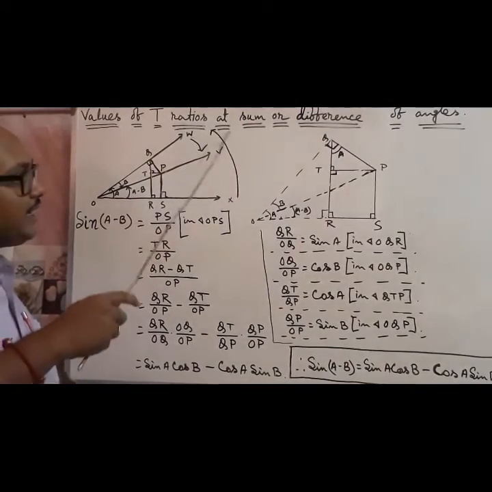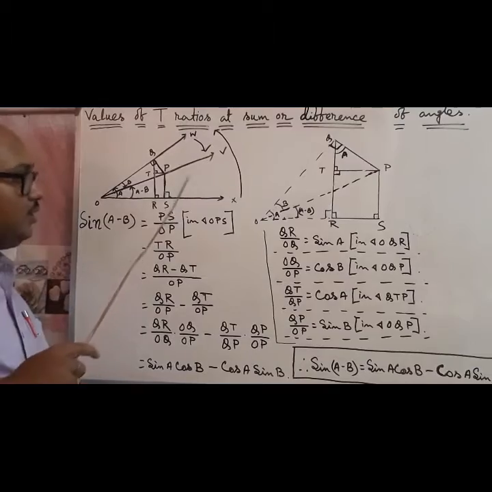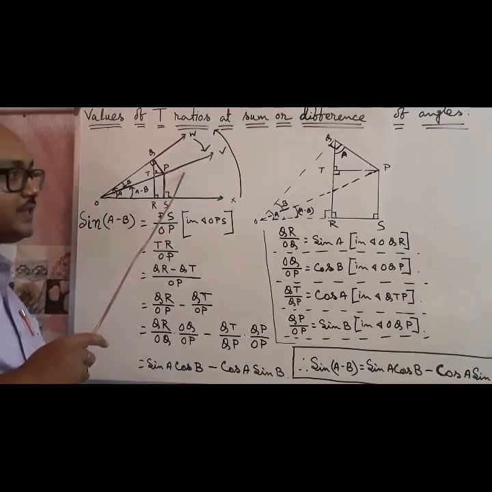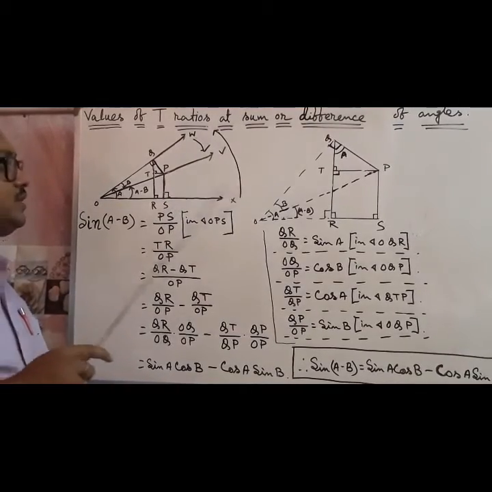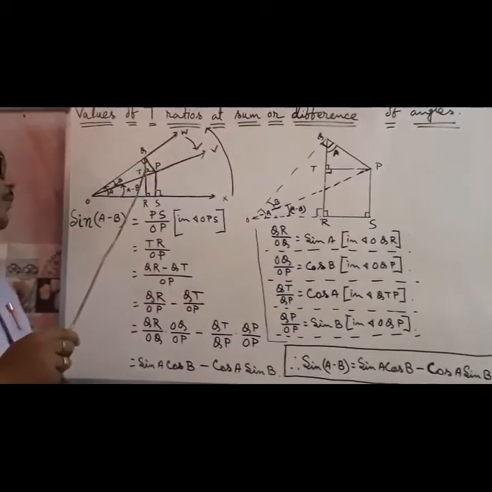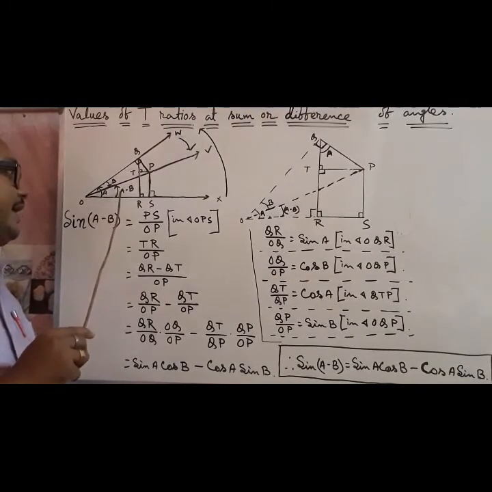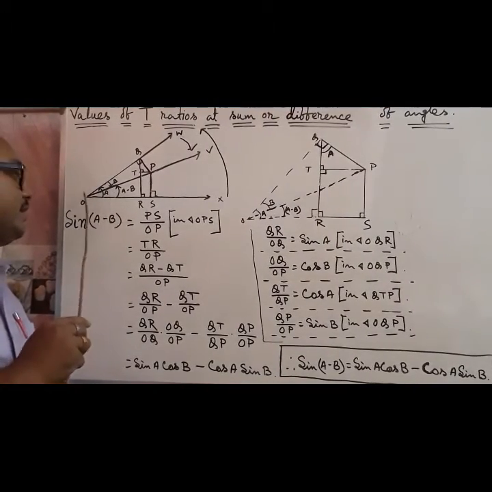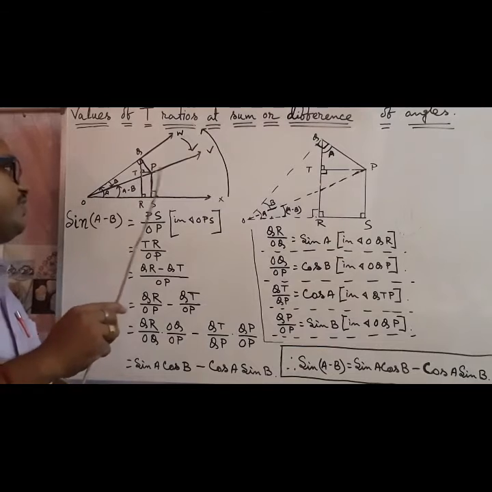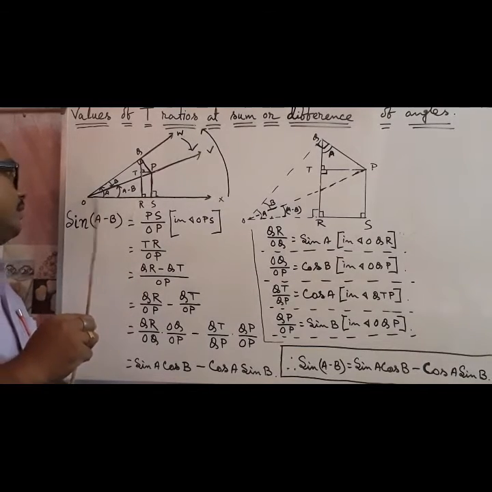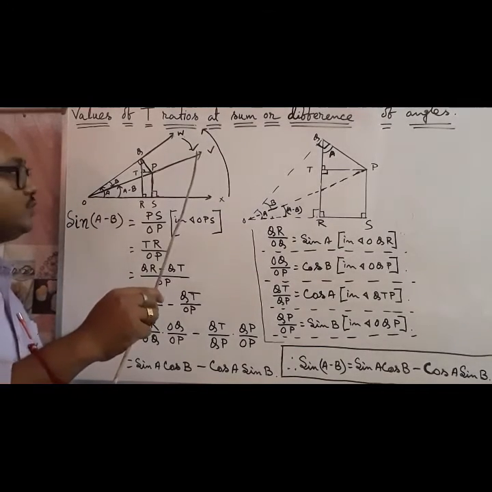If this is the angle A, then this is the angle B. So this portion is A minus B. This portion again is bold here. How? So the line representing this angle A minus B is this OB. The ray representing A minus B, that is OB.